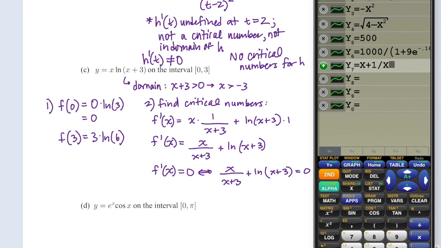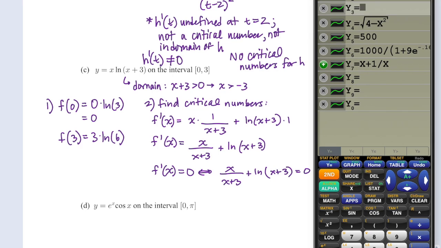And let me get rid of some of these. So we want to look at x over x plus 3 plus natural log of x plus 3. There's a way we could reason this out on this interval from 0 to 3, but again, this is not something that I would expect you to be familiar with.